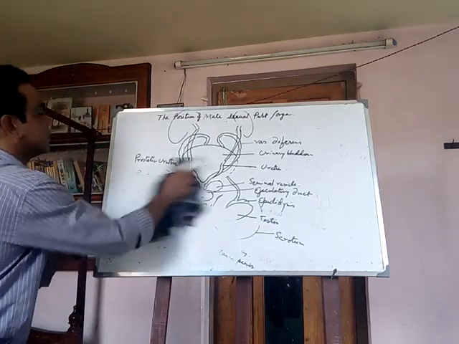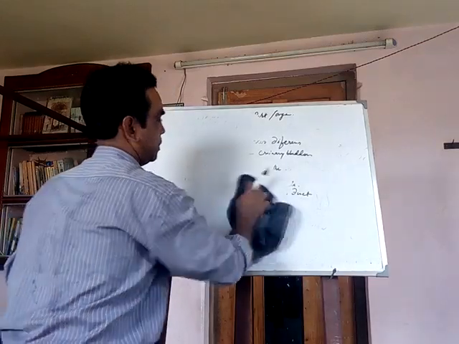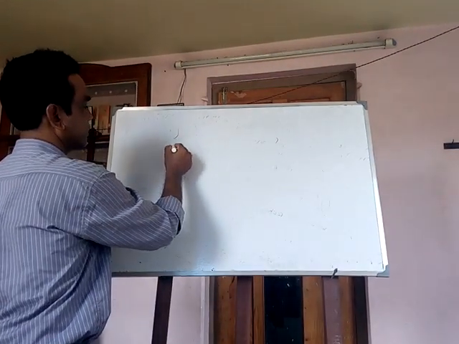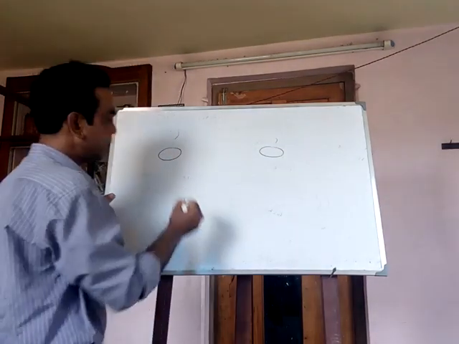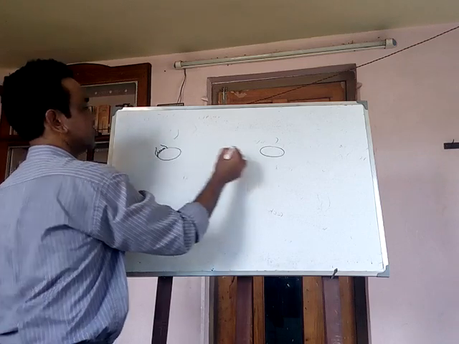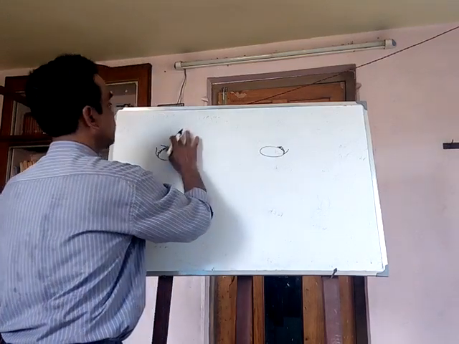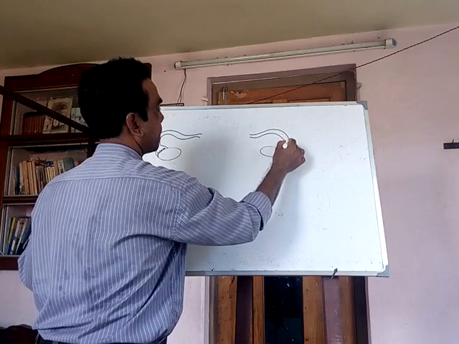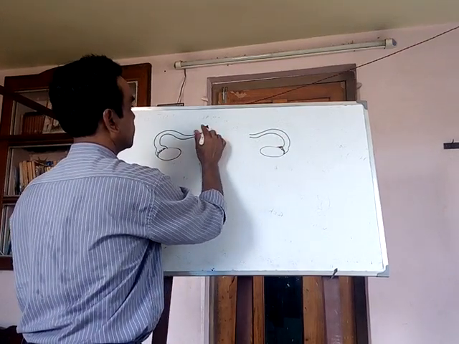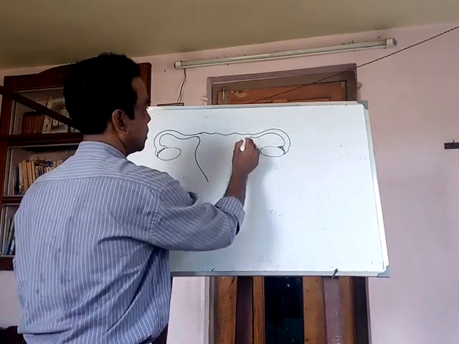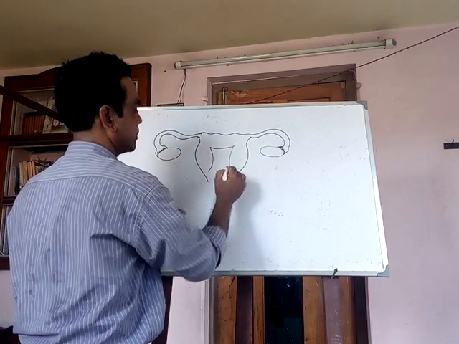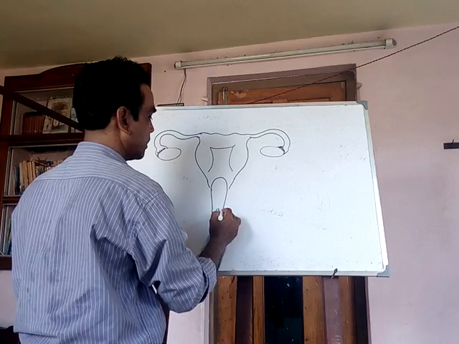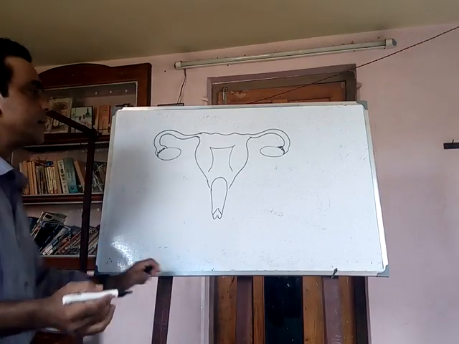The female sexual part is present here: that is the ovary, the ovarian funnel, that is the fallopian tube, that is the uterus, and that is the cervix, that is the opening of the female sexual part called the vagina.